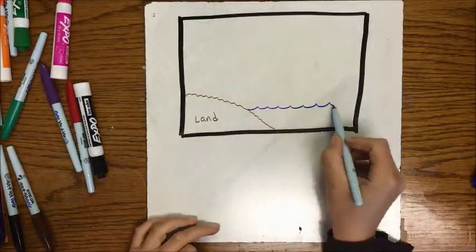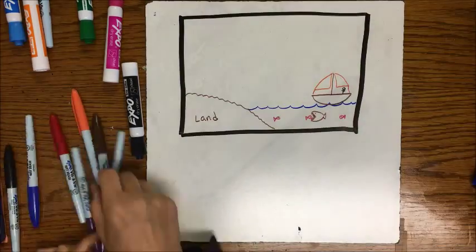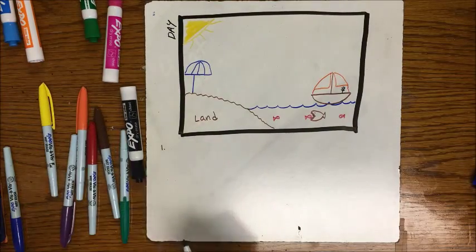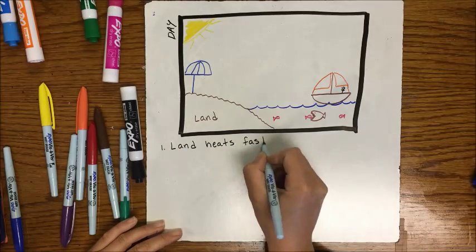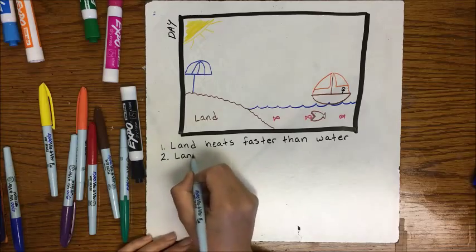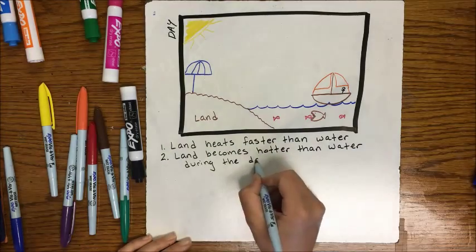Now we'll talk a little bit about sea breeze and land breeze. So say you're enjoying a nice day at the beach and there is a nice sailboat out in the water. Maybe you're enjoying a nice cup of lemonade in the sun under an umbrella. Well, during the day, the land heats faster than water. So that means that the land becomes hotter than the water during the day.